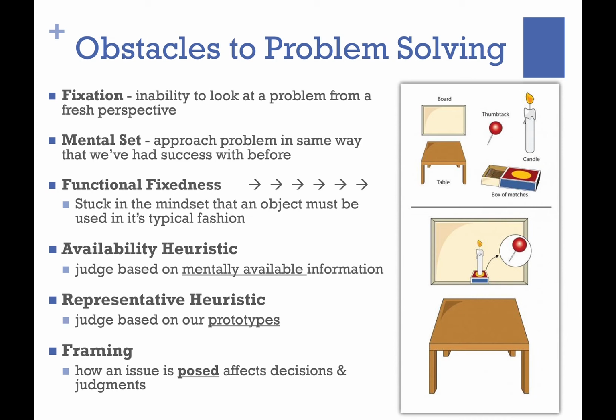So for instance, the example of framing might be like, would you be willing to risk your life if you had a 97% chance of surviving? And you might say, yes, I would participate in this activity if I had a 97% chance of surviving. That's only a 3% chance that I die.